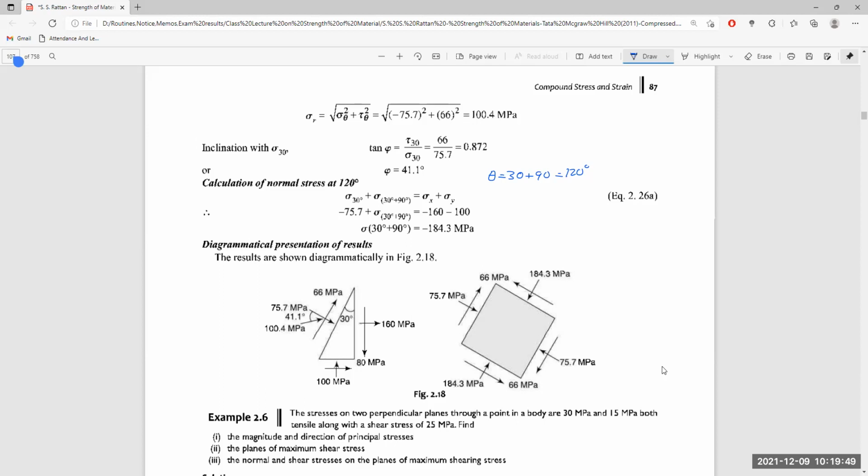Now, what will be the diagrammatic presentation of the result? Results are diagrammatically shown here. We put the tensile stress 160. That was, I think, wrong. It is compressive.